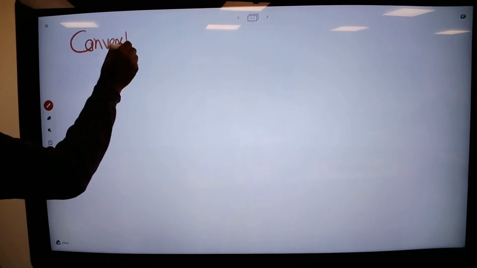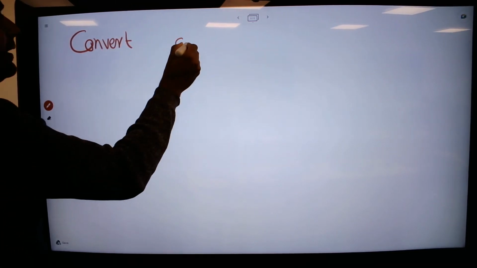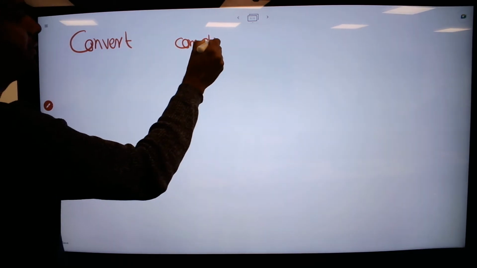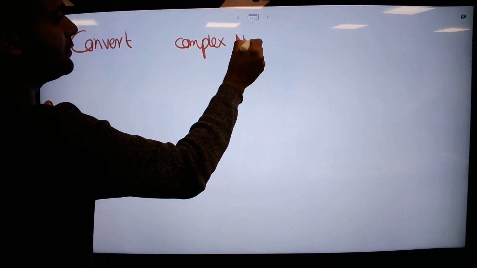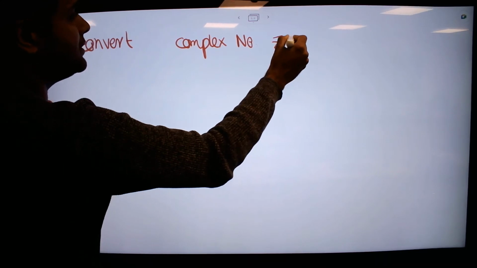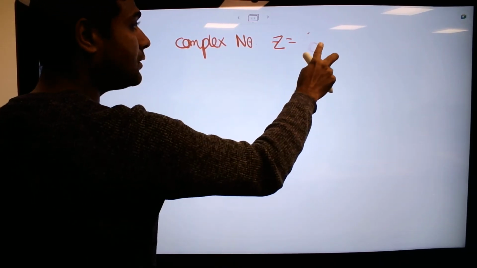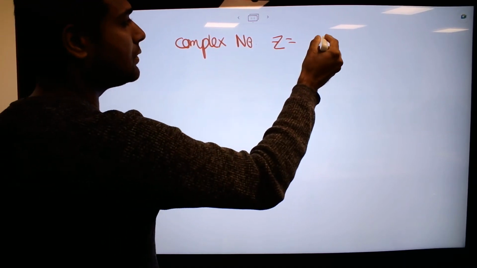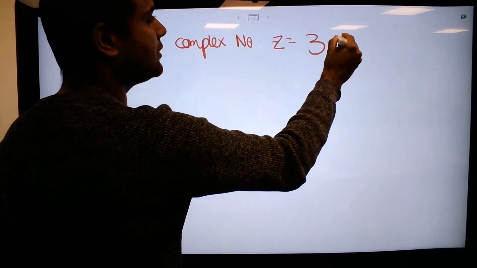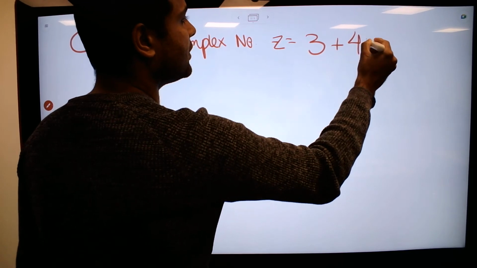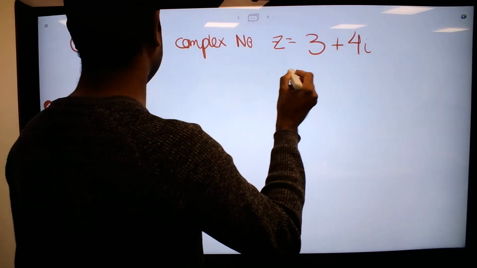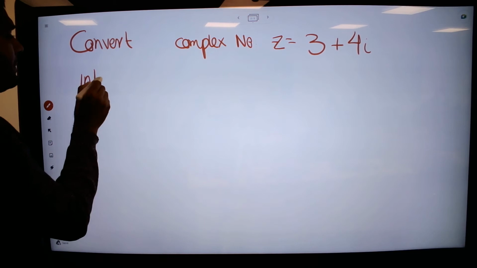Let's say I've got a complex number Z. Convert the complex number Z equals 3 plus 4i into polar form.